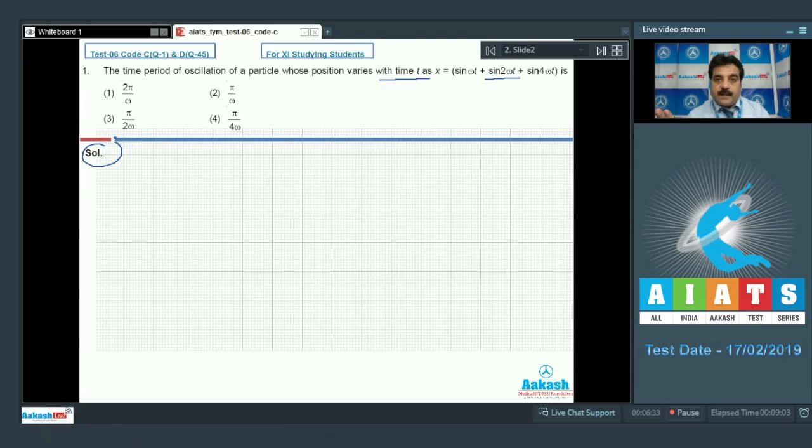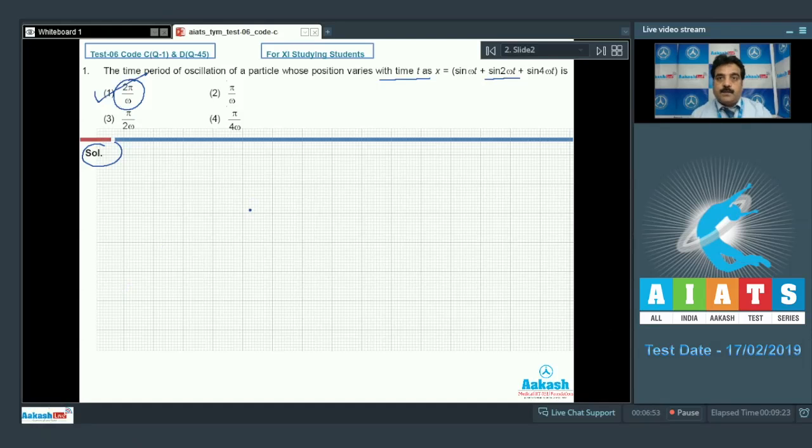So that was the definition of time period. So if I go in our given options, then easily you can find the least time for given combination is 2 pi by omega. So my option number 1 will be the right choice.